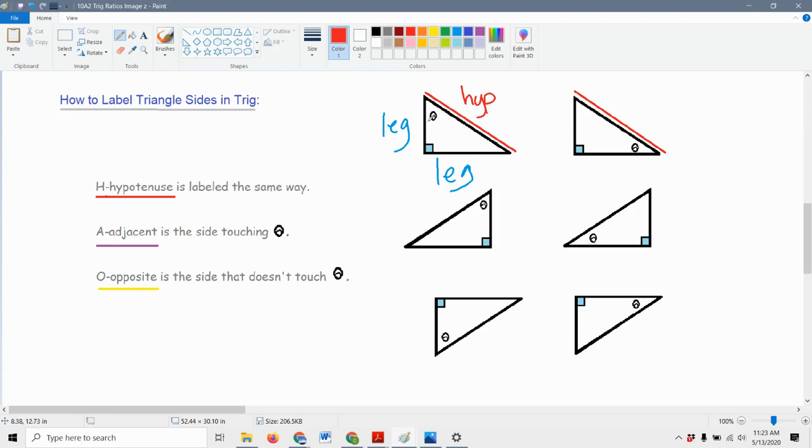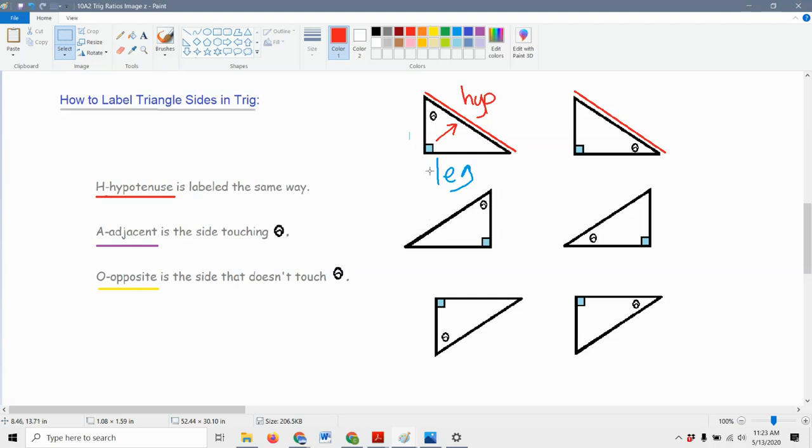But now we need to get a little bit more specific because we're starting to include the angles, okay? And now we need to have a better way to describe the legs so that we can distinguish one from the other. This long diagonal is still our hypotenuse always.